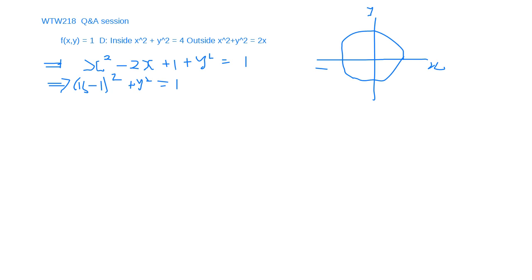So there's a circle with radius 2, and this other circle has as its center the point where x is 1 and y is 0, and the radius is 1. So that's your other circle there. So the region D that we're looking at is this region here. That's D. It's inside the bigger circle, outside of the smaller circle.